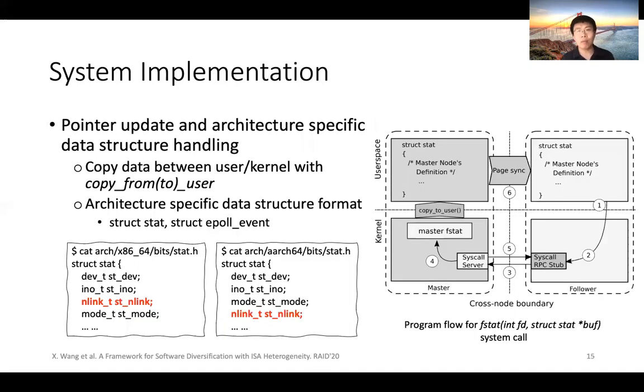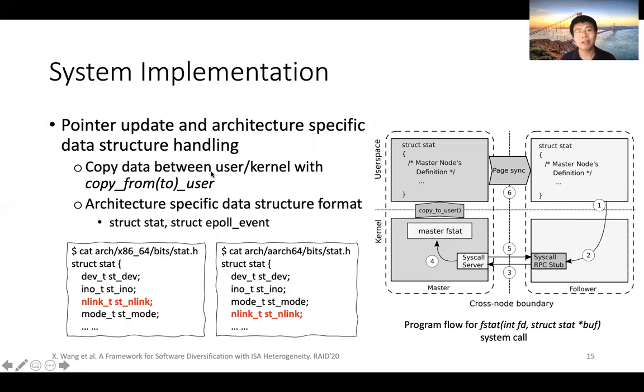Okay, more details are in the paper, but here we just talk a little bit about the pointer update and architecture-specific data structure handling work. We will use a system call case like fstatat. If the follower node tries to issue the fstatat system call, we can see it has a parameter called struct stat.